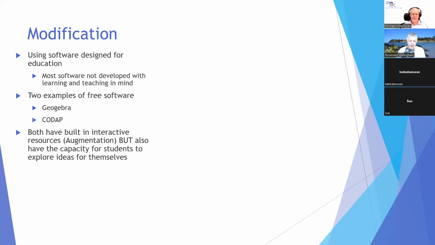So GeoGebra, as it suggests, focuses on geometry and algebra, and particularly geometry. So it's very useful for developing understanding of properties of shapes, for example. And you can get really good learning when students explore in a meaningful context.